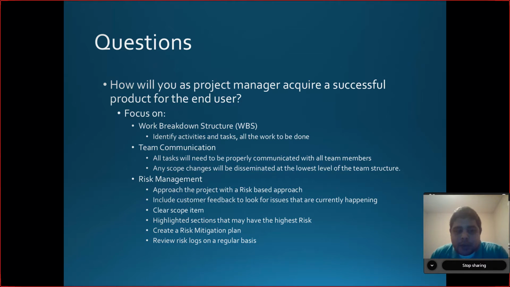Clearly scope the items, highlight the sections that have the highest risks, and also create a mitigation plan that everybody can agree on with the key stakeholders. And review risk logs on a regular basis.